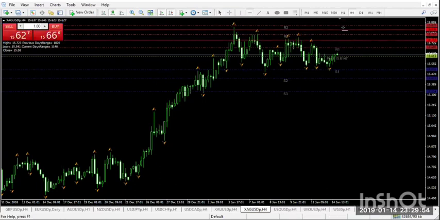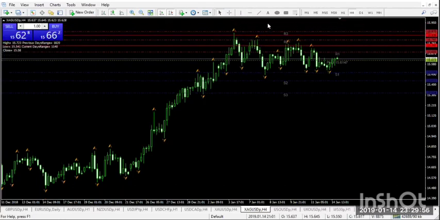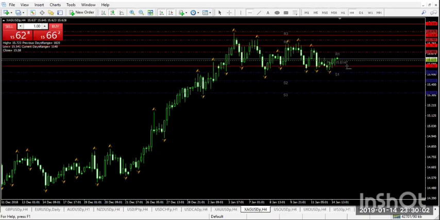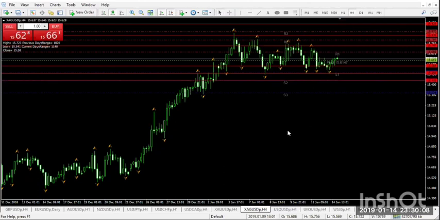For example, your R1 goes up there, your R2 moves up there, and your R3 gets updated that high as well. And your S1 is there, your S2 moves to that, and your S3 moves to that place as well. So it means that they have been updated and they have moved upward.